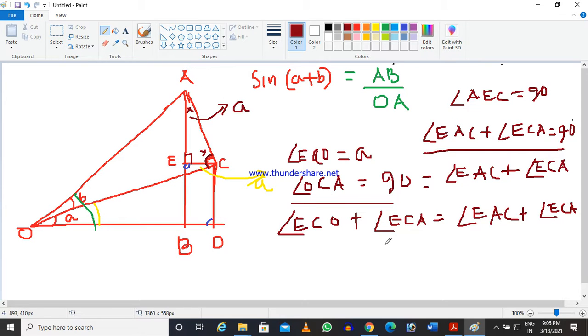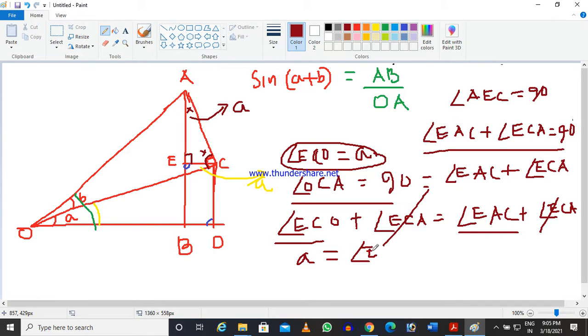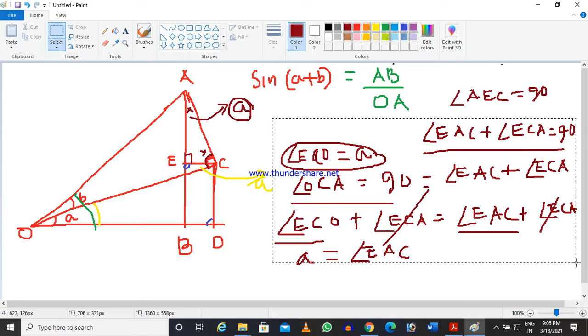Now you see that ECA cancels and ECO is equal to EAC. ECO is already A, so that is equal to EAC. That's why I wrote EAC as A. This is what I was trying to tell you.